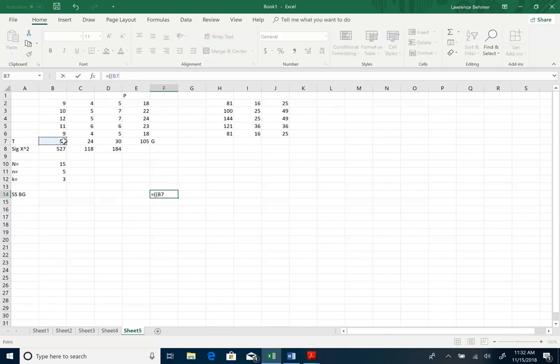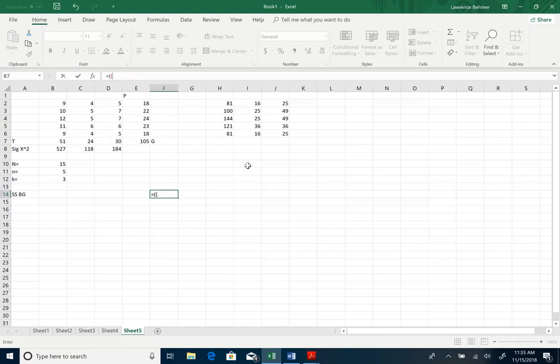All right, so t squared divided by n, which is 5. Sorry, let me go back. Let me use the actual values. It might make it easier for you to follow along.